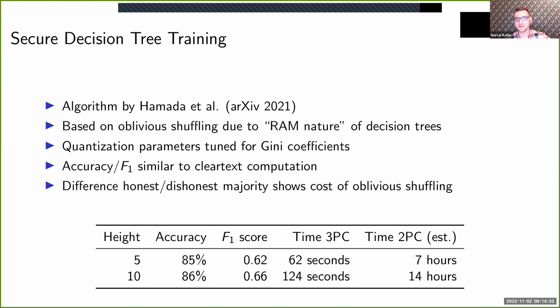I mean, very rough back of the envelope, I would usually quote like 1 to 1,000. So basically, only 0.1% of these 7 hours would be the actual online phase.